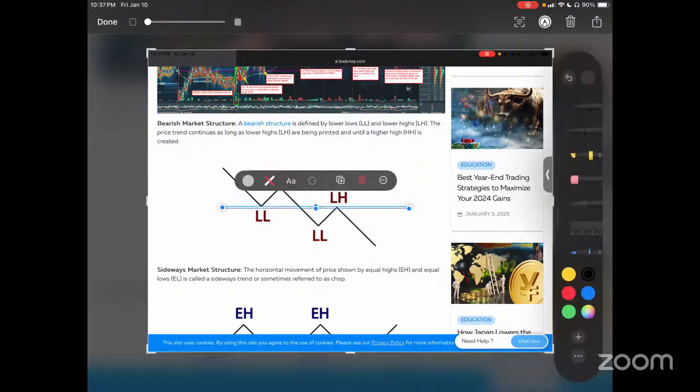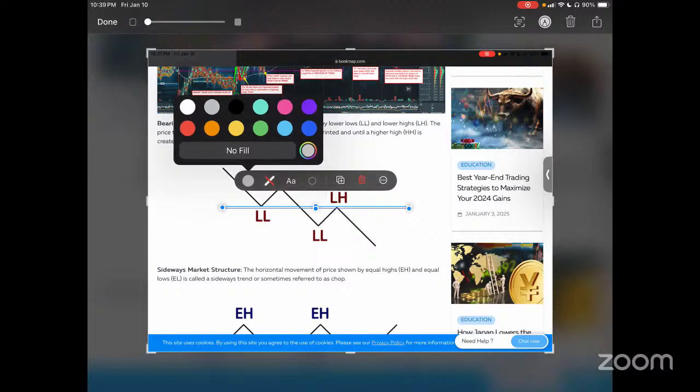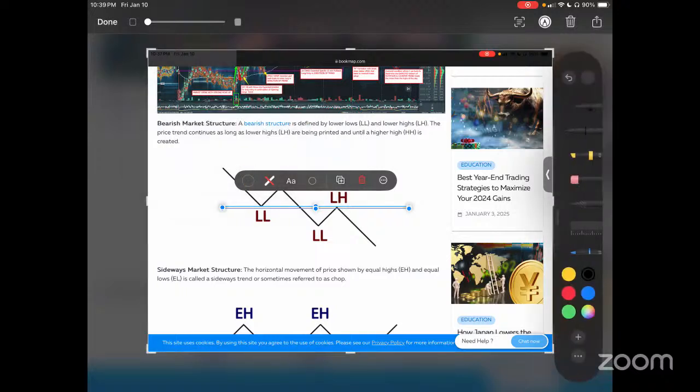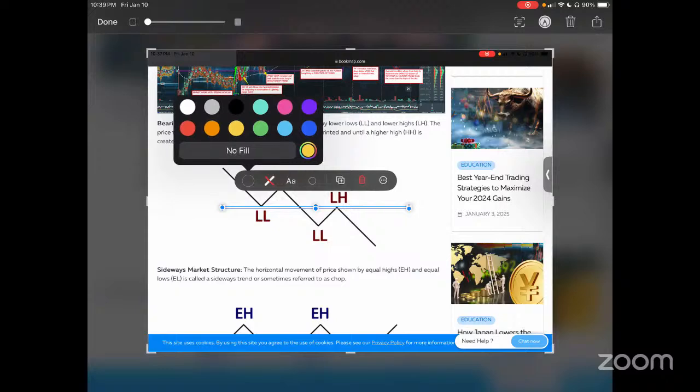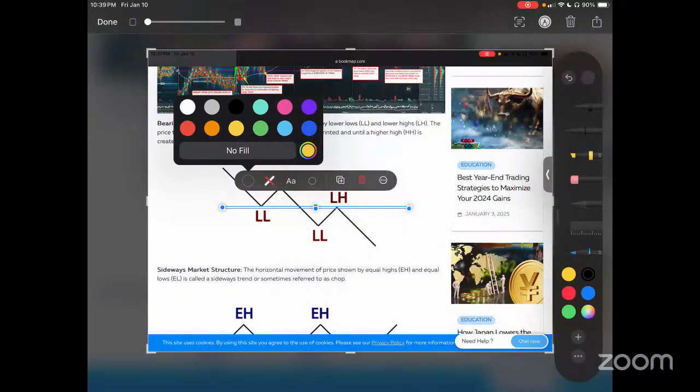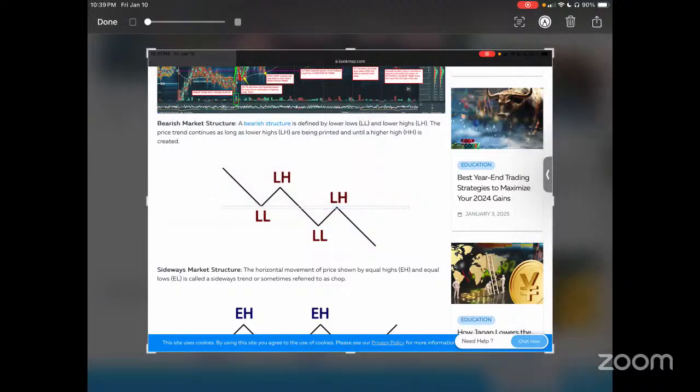Can you see that? Yes. That's what I want to see now. Support turn resistance. Somebody read off to me sideways market structure.